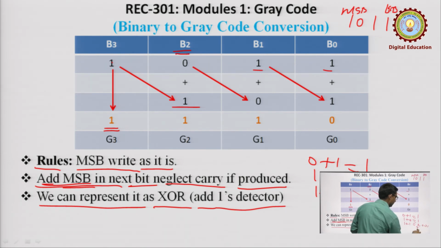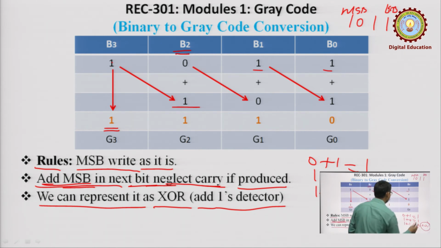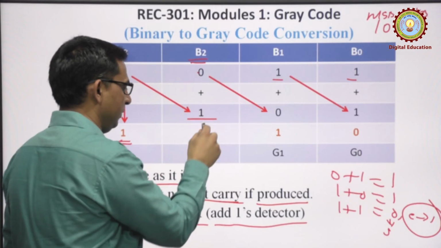This is the sum. Okay. In this case we neglect the carry, we do not care about the carry. So, 1 will be copied as it is from rule number 1, and from rule number 2 we add these. So, 0 plus 1 is 1.